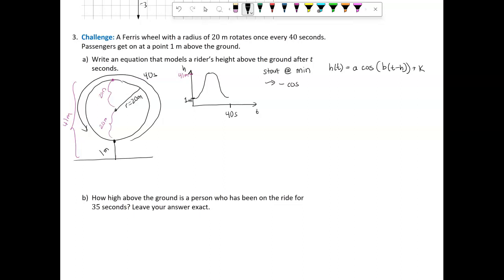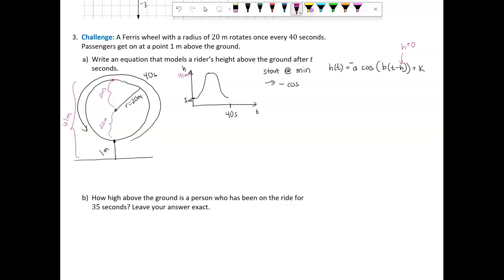We know, because we're starting right at the minimum, that our h value here is going to be 0, as long as we make this a negative cos to begin with.